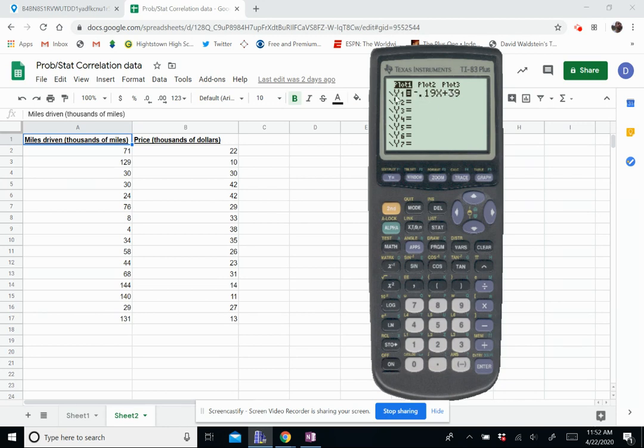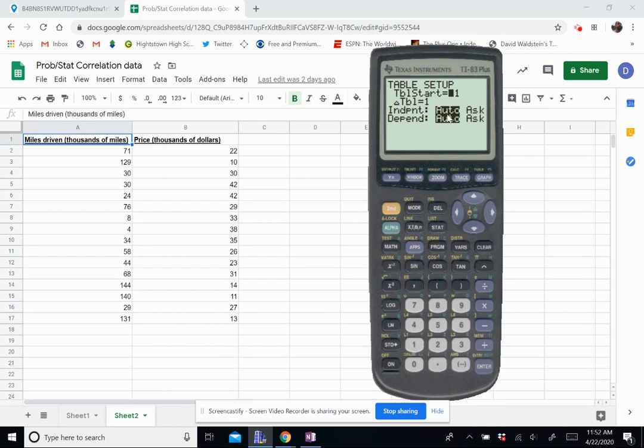And I'm not sure if you know how to do this on your calculator. You can use the table function and scroll, but that's kind of annoying. If you hit second window, this gives you your table setup. So you can decide where your table wants to start, and how much it's going up by.